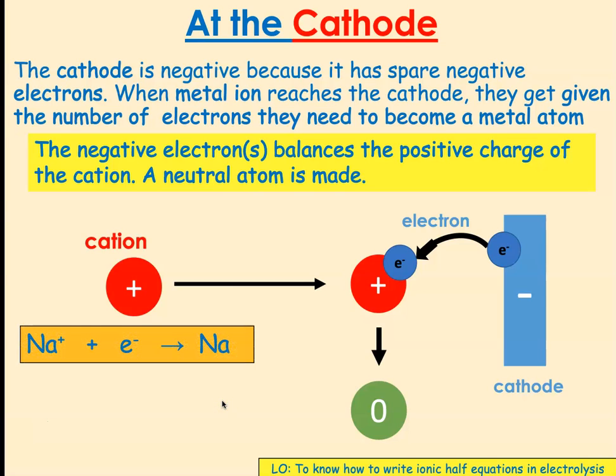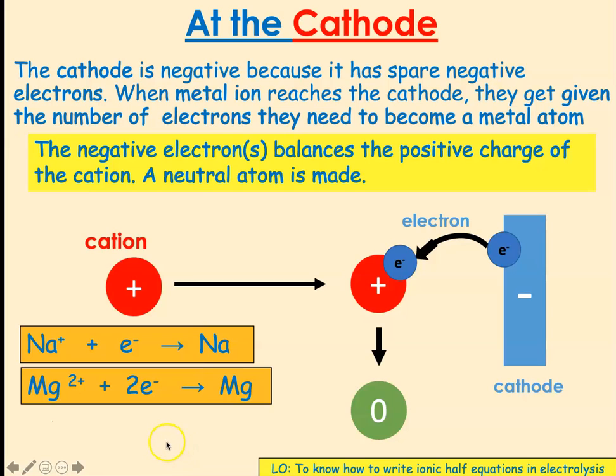So this is an example. If we add sodium, we have a sodium ion with 1 plus. We need 1 electron for it to become a sodium atom. Here's another example. We've got a magnesium ion with a charge of 2 plus.